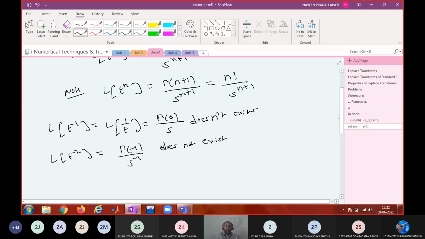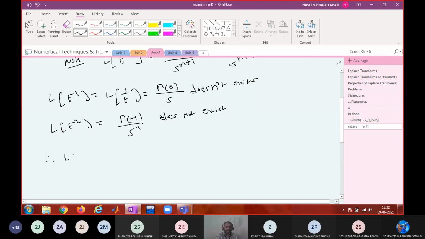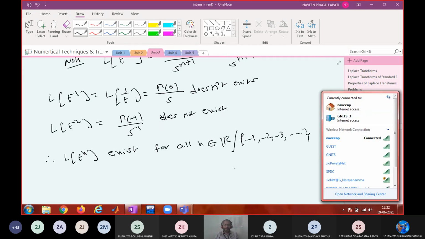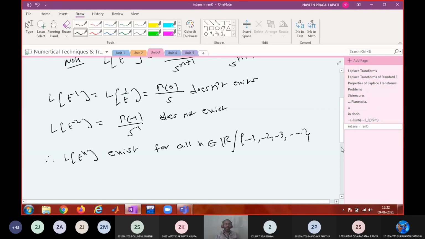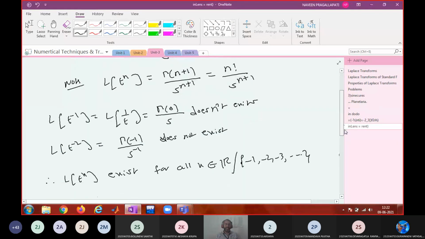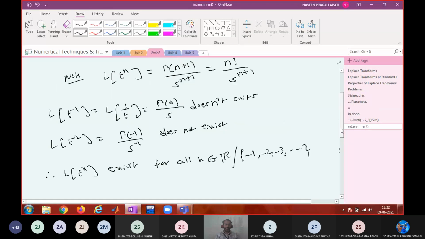Therefore, Laplace of t power x exists for all other values. Is that okay? So the Laplace transform of t power x does not exist for x equal to minus 1, minus 2, minus 3. That's it. For all other values, it will exist.